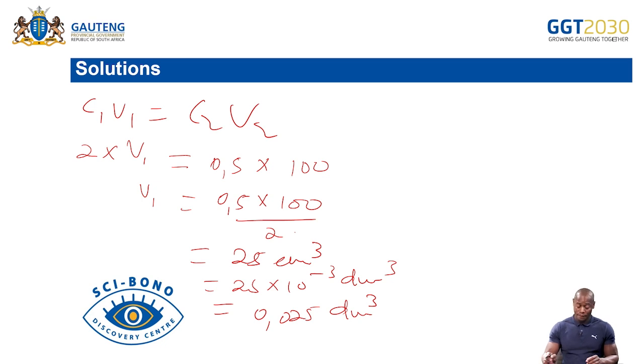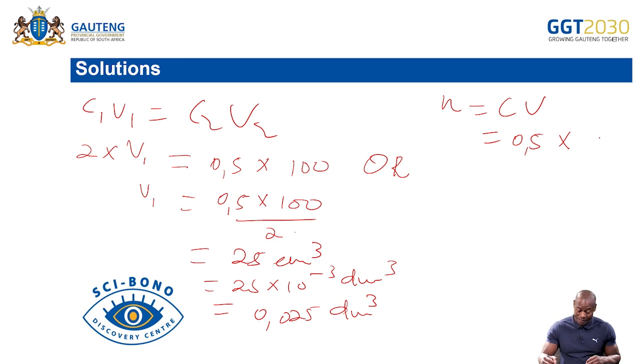This is the initial volume before dilution. Or what we can do: we know that when it comes to dilution, the number of moles remains the same. So you can calculate the number of moles after dilution. The number of moles after dilution will be CV, the concentration after dilution, 0.5, times the volume after dilution.